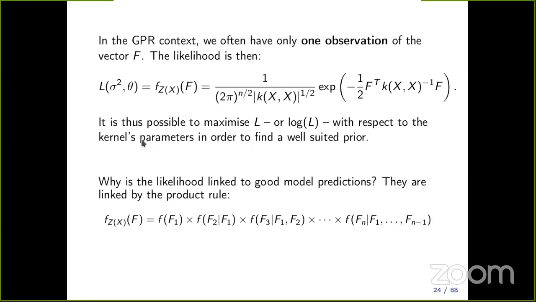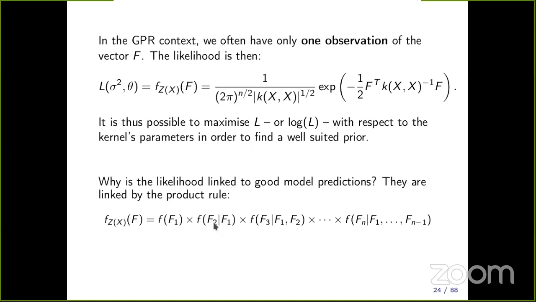And you may wonder, why are we using likelihood? Why does it make sense? If we apply the chain rule, the likelihood of the vector of observations can be seen as the PDF for the first observation times the PDF of the second observation given the first one, and so on and so forth, the third one given the first two, up to the last one given all others. So what we are saying here is, if you have a high likelihood, it means all the terms in this product are going to be high.